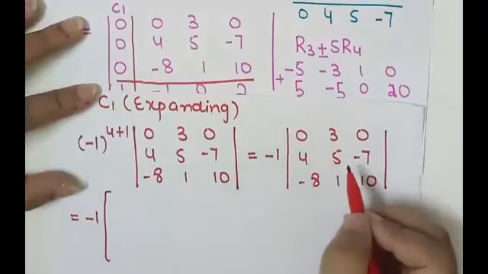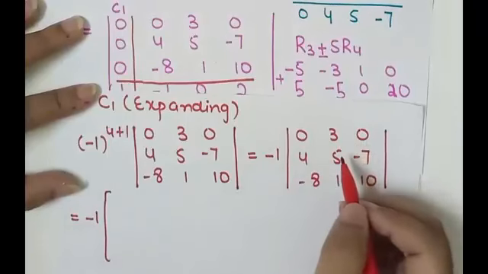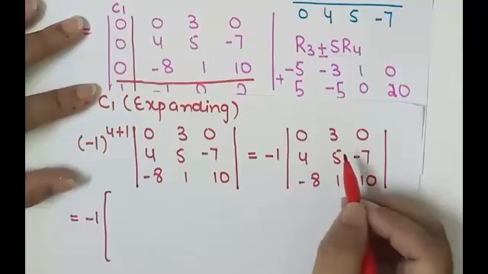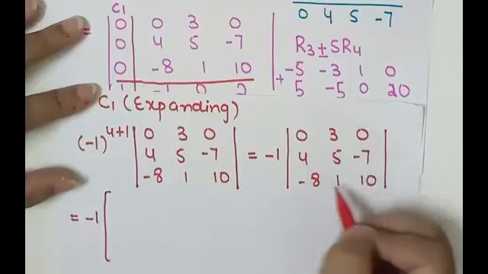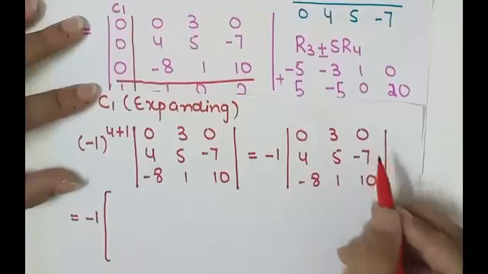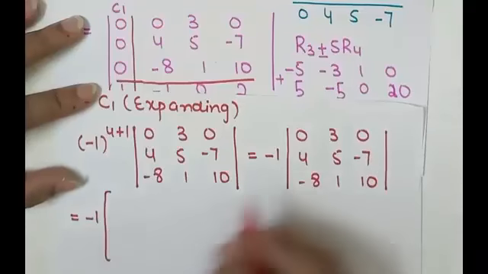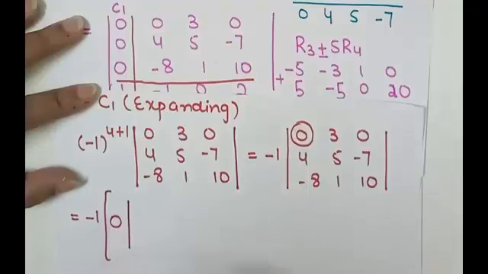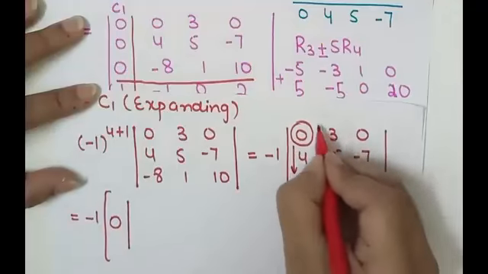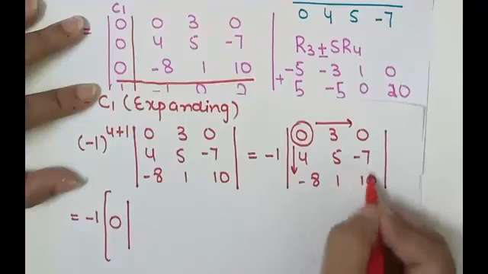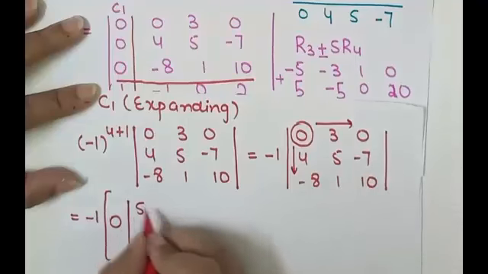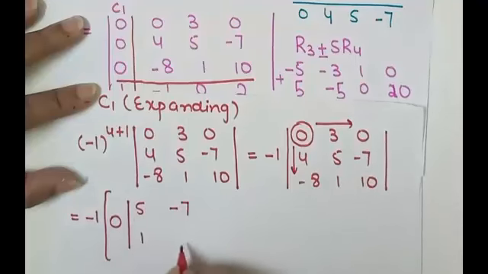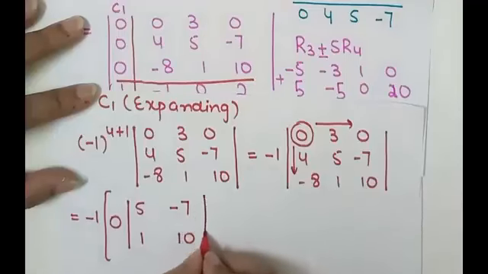Now we will take the determinant of this 3 cross 3 order by the general method. So here we have the first element as 0. Skipping the first column and first row, we have these 4 terms: 5, -7, 1 and 0.